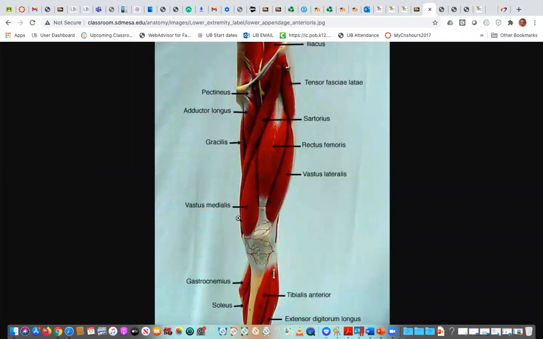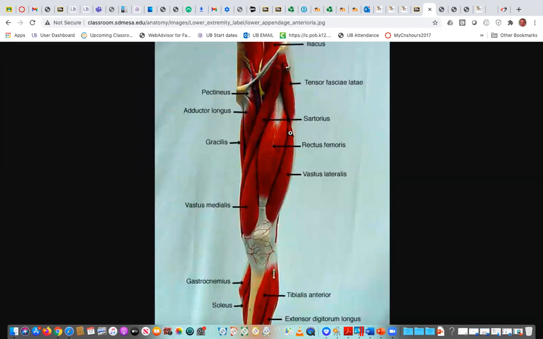The sartorius is what I call a FABER muscle. Think of it as your favorite muscle, not favorite with a V, favorite with a B. B as in boy. FABER. F stands for flexion, AB for abduction, and ER for external rotation.